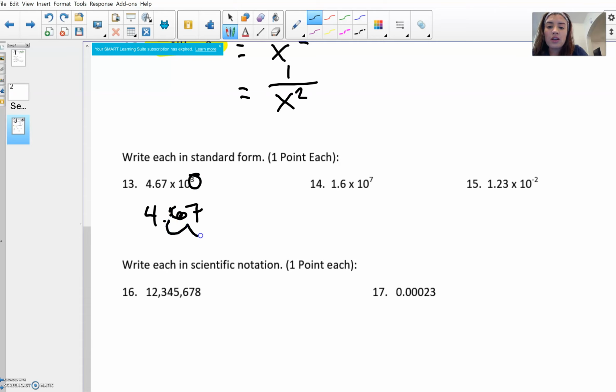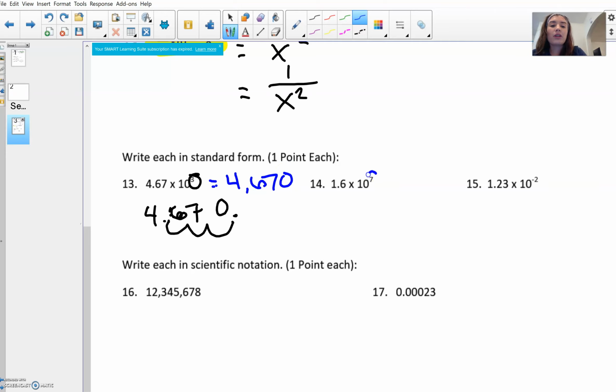So we're going to do 1, 2, 3, and we're going to fill in that placeholder with the 0. So when we write that, this equals 4,670.